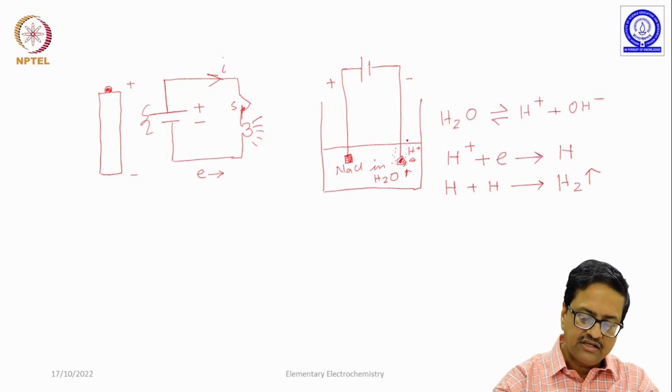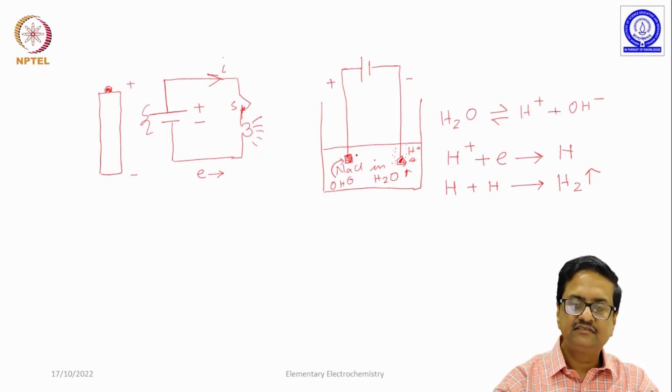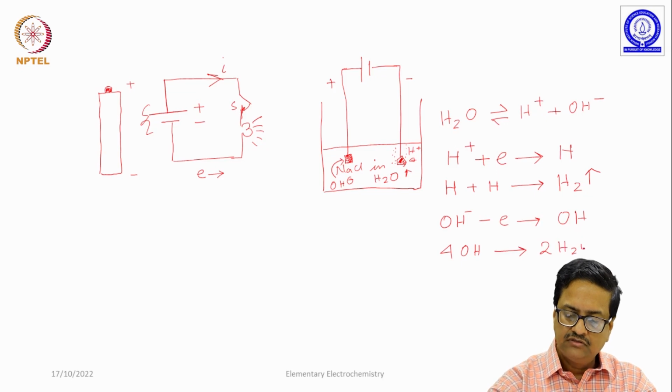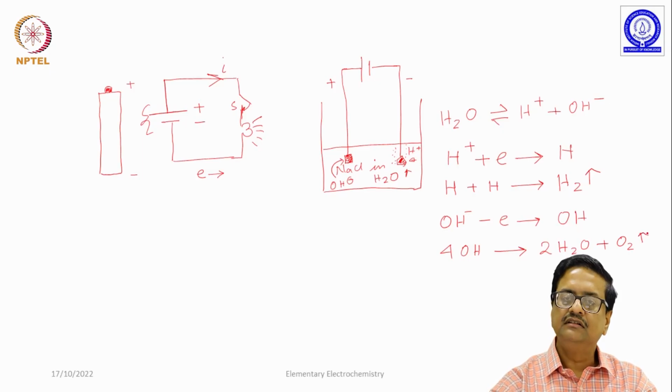Similarly, the OH minus ions will go here and release their electrons and become OH radicals. Four such OH radicals will combine to give you 2H2O plus O2, which will come out.